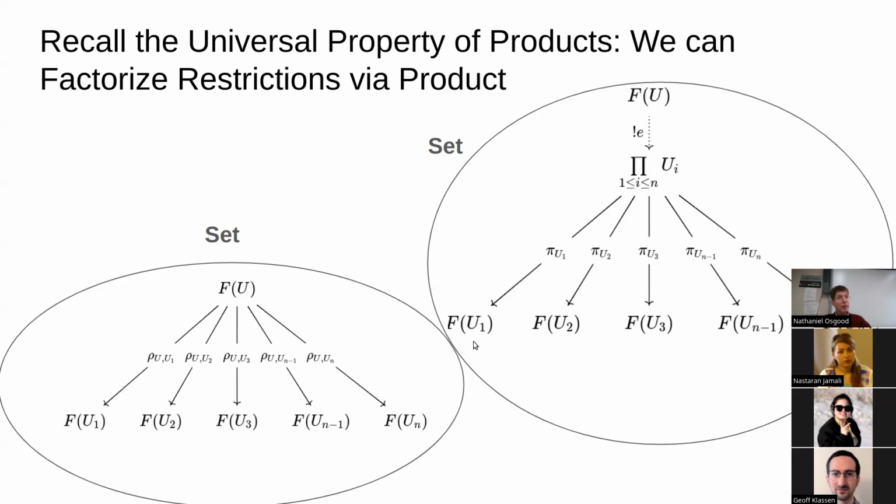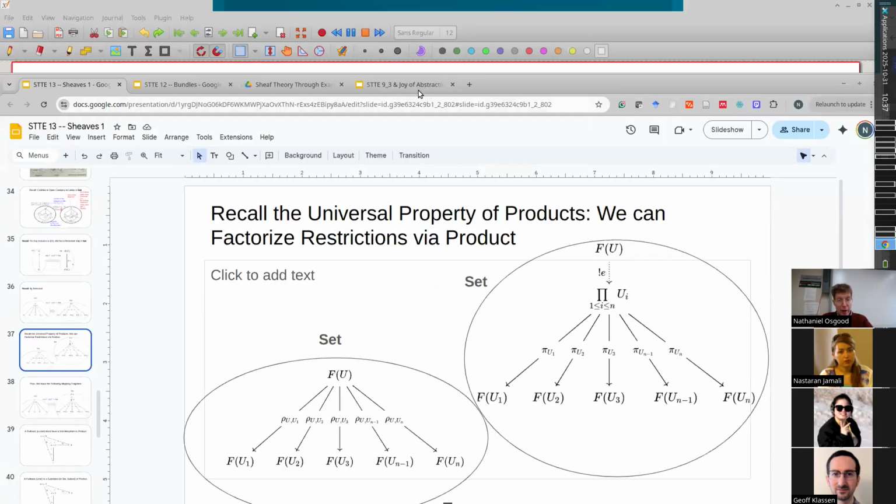Do you remember that with the universal property of a product? We had this property that any other object that has these maps down could be expressed in terms of this product through your unique morphism. That was part of the rules for a product.